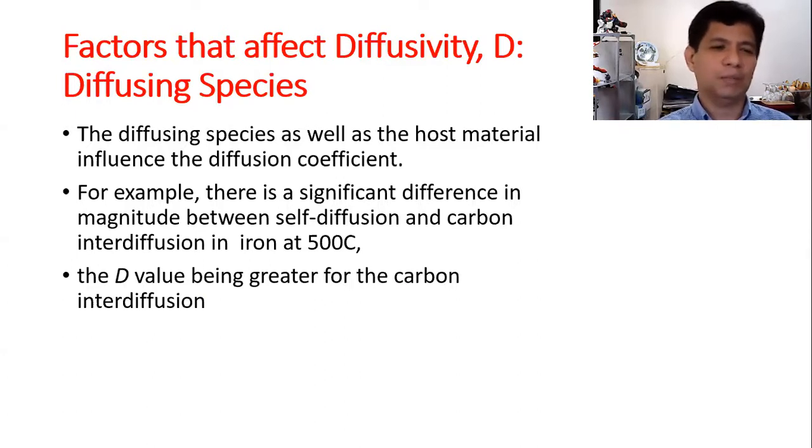So, mas mabilis, mas mataas yung diffusivity ng carbon. Okay? Yan yung sinasabi niya dito: the D value being greater for carbon interdiffusion. Pag sinabing interdiffusion, nagdi-diffuse yung carbon sa ibang material, gaya ng iron. Mas mataas yun compared dun sa self-diffusion, gaya ng carbon magdi-diffuse sa kapwa niya carbon, o iron magdi-diffuse sa kapwa niya iron.